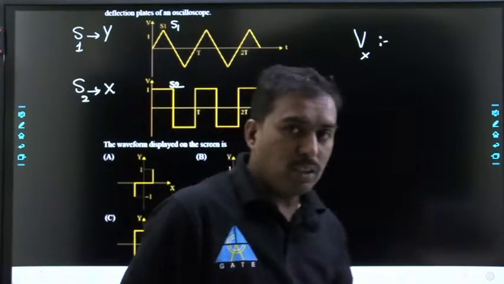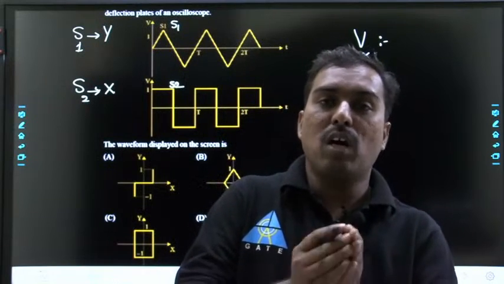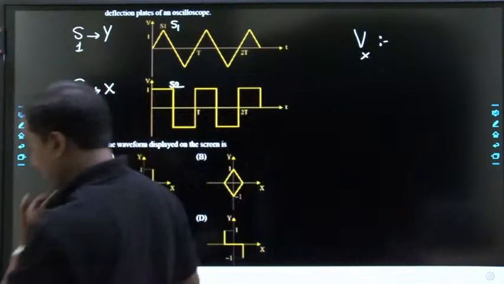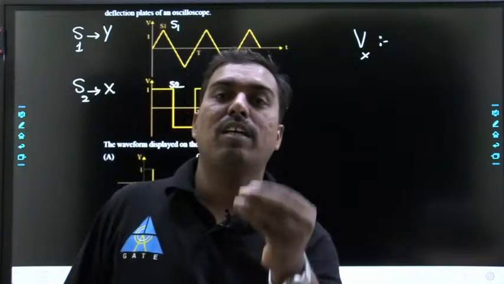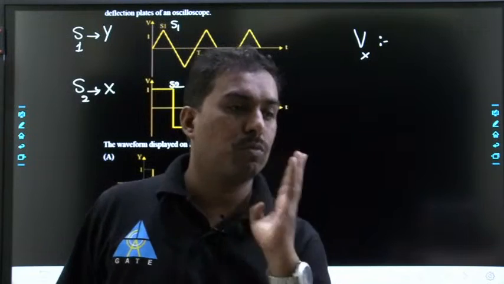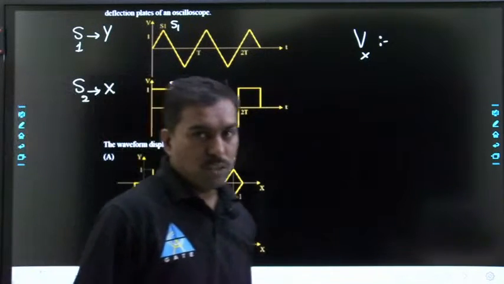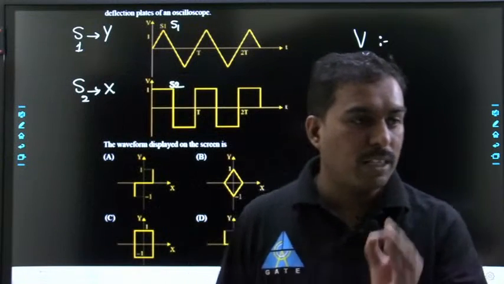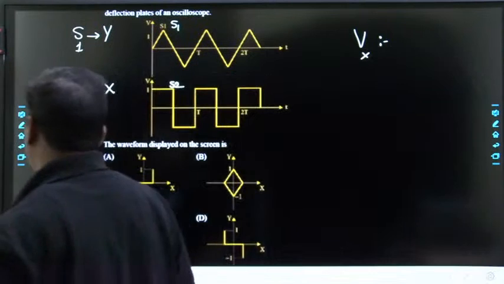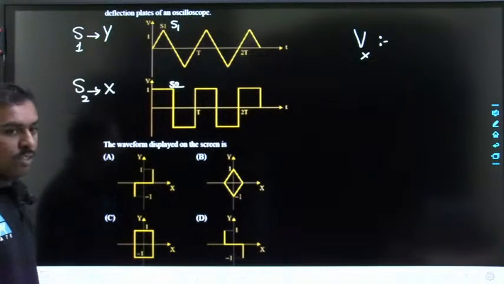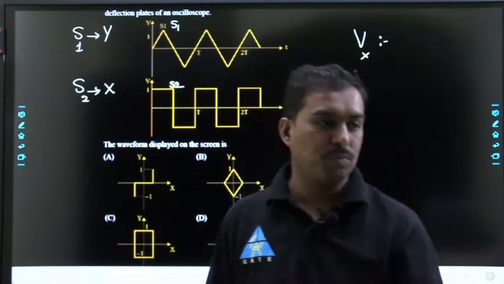Answer fast. Voltage applied to the horizontal deflection plates is S1 or S2? I am expecting a response.